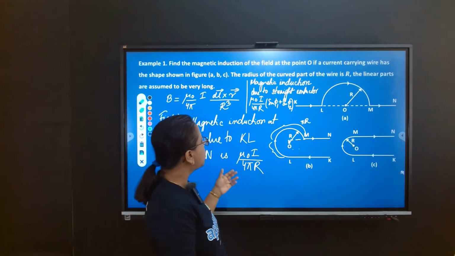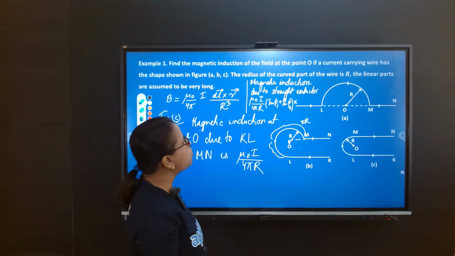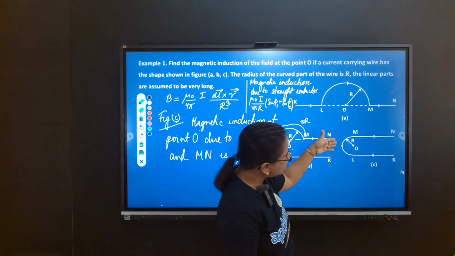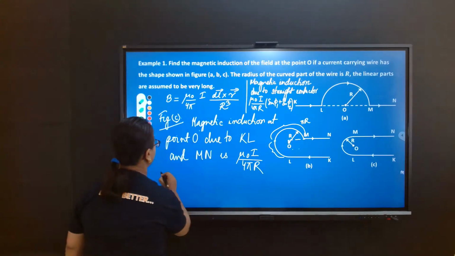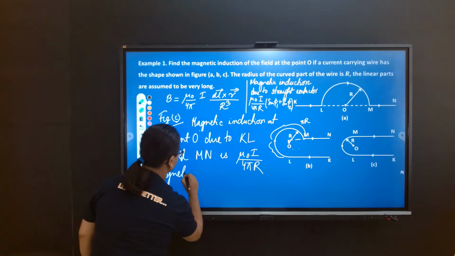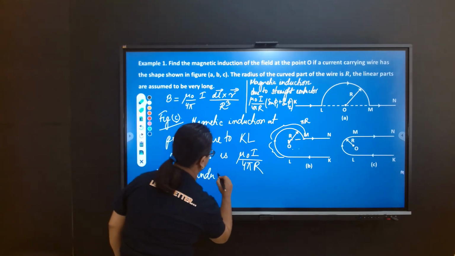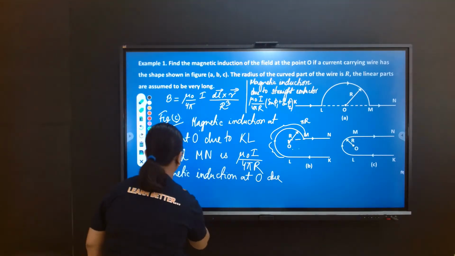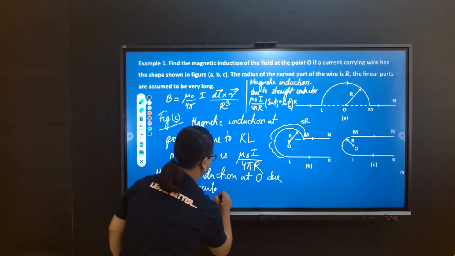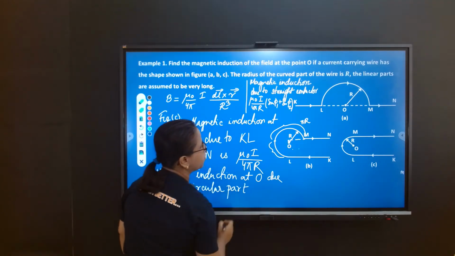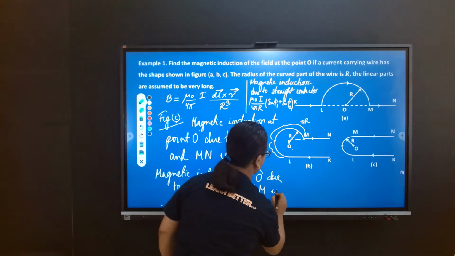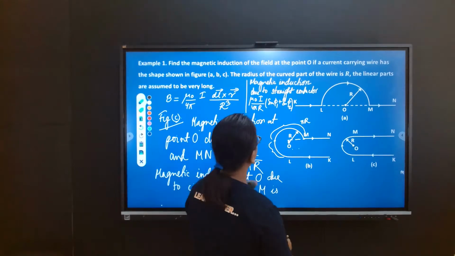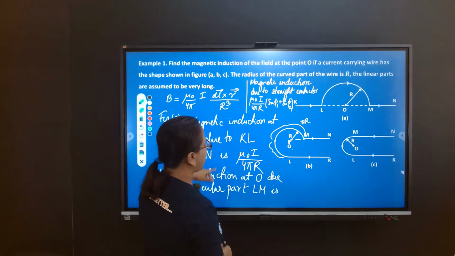Now, going further with this, if we try to find out the magnetic induction at the same point O due to the curved portion LM, the magnetic induction at O due to the circular part LM. For the circular part, we should apply the same formula, the second one over here, Biot-Savart's law.